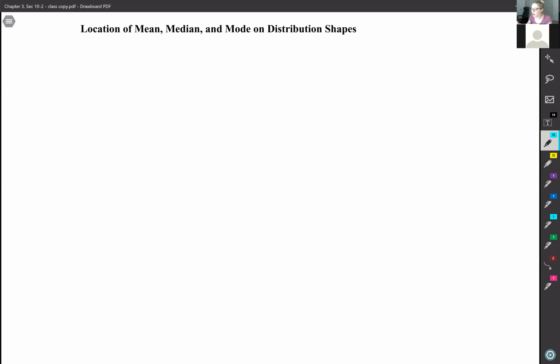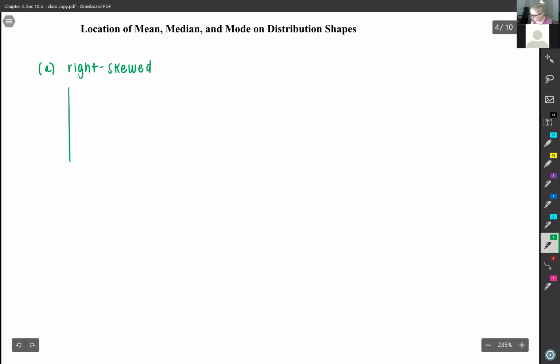So first, I'm going to draw a right skewed distribution. So my first one, I'm just going to label it A, and this is going to be a right skewed. Okay, so a right skewed, we remember the tail goes off to the right of the distribution.